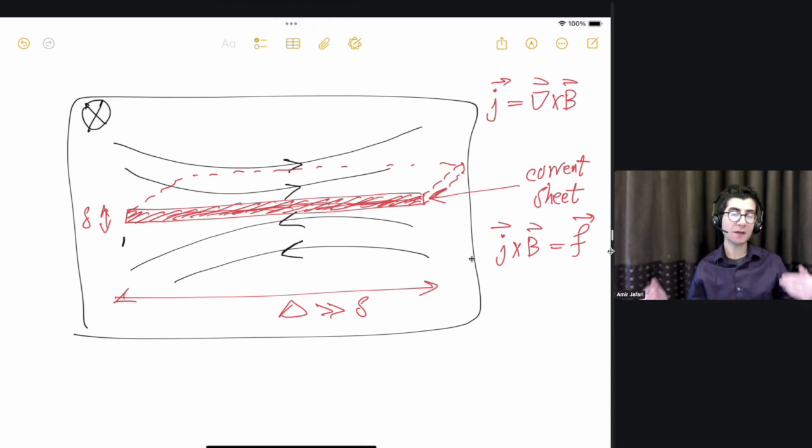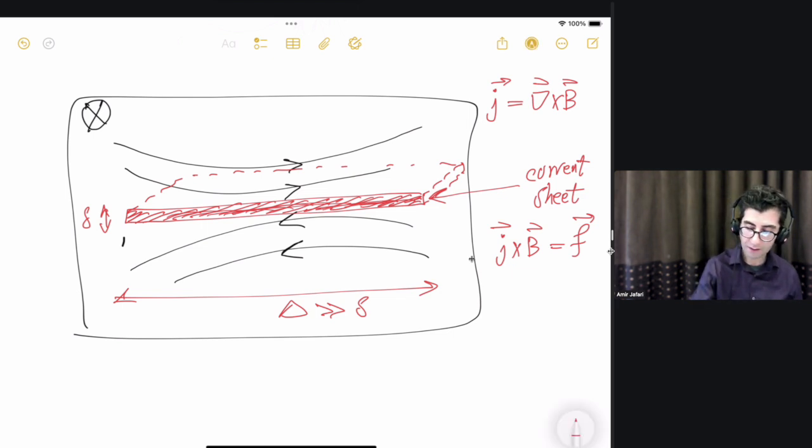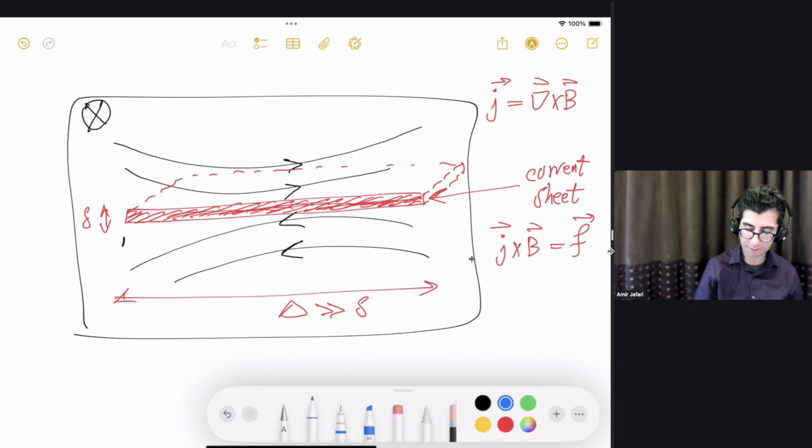So you can put it this way: the magnetic field would like to relax and go to a lower energy state whenever you have this kind of situation, this kind of shear. Okay, so what happens is something like this.